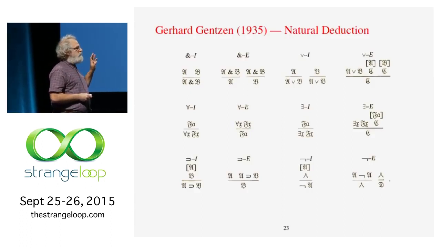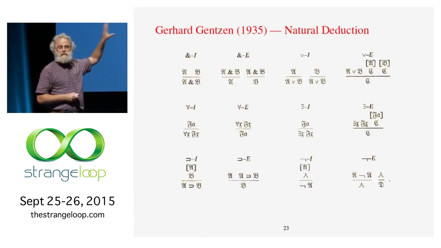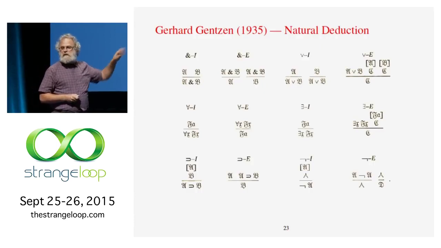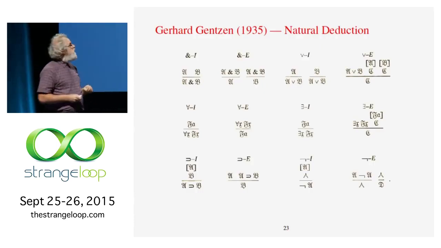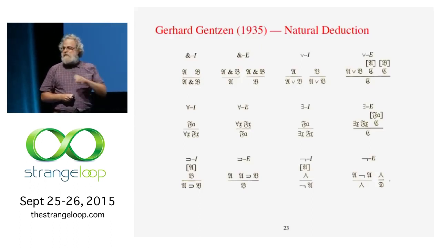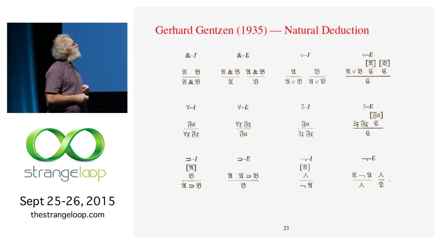Gentzen, in his PhD thesis, came up with natural deduction, which is the main form of logic we use today. He came up with sequent calculus, which is the second most used formalism in logic today. And he also came up with using the upside down A to mean for all. So there's a little goal for all you PhD students.